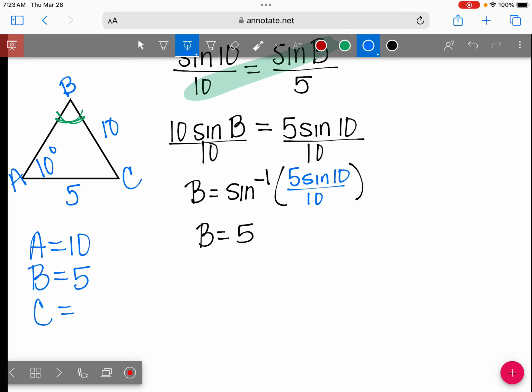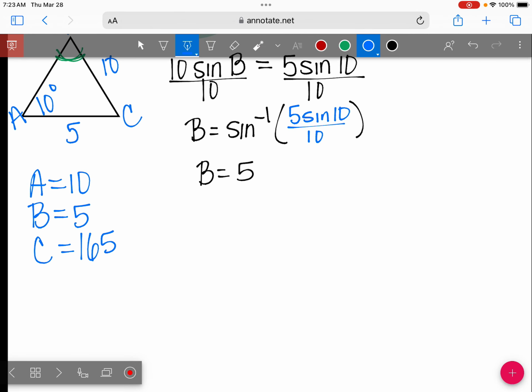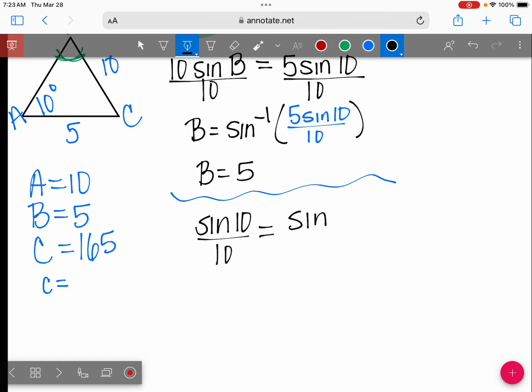So what is C? 165. All right, so now let's find C, little c. Okay, so then that's going to give us the sine of 10 over 10 equals the sine of C, which is 165 over lowercase c.